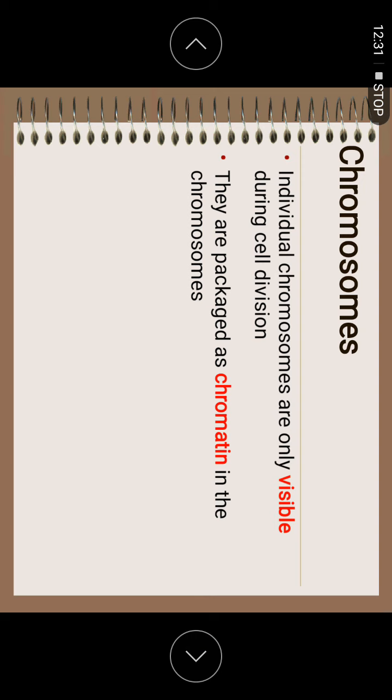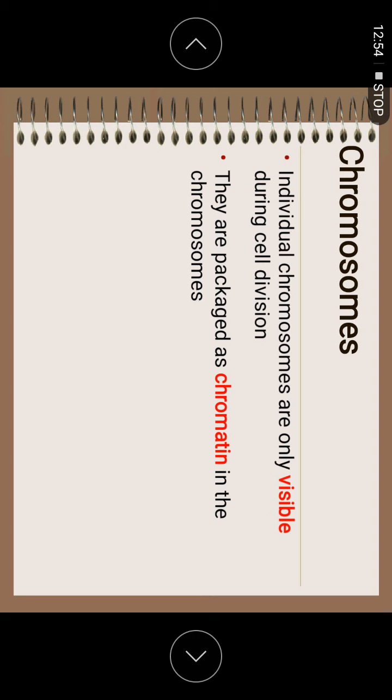Now, individual chromosomes are only visible, visible means can be seen, during cell division. If the cell is not going to divide, we cannot see the chromosome. The chromosome is too thin, very thin to be seen under the microscope.